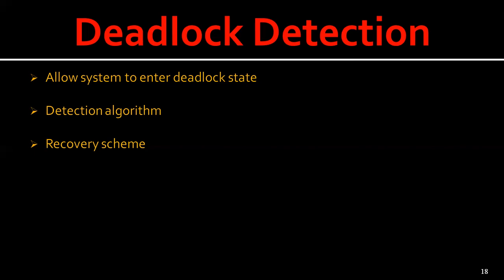The data structures employed in the algorithm are, as we have seen, available, allocation, and request. The detection algorithm investigates every possible allocation sequence for the processes that remain to be completed.